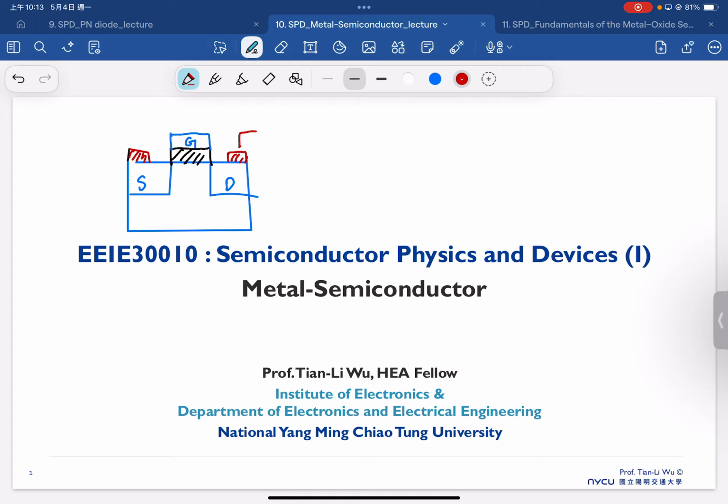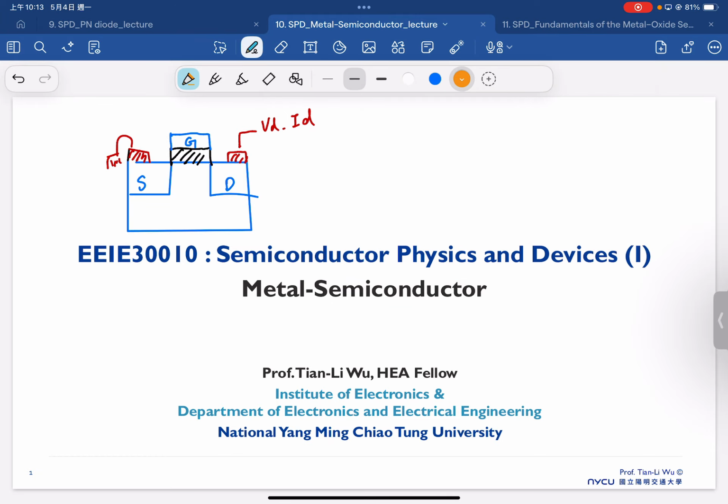So we will apply the VD and we will sense the current. And for the source, in most cases, we will ground it as shown here. But anyhow, we need to have metal deposited as an electrode on top of the source and drain.